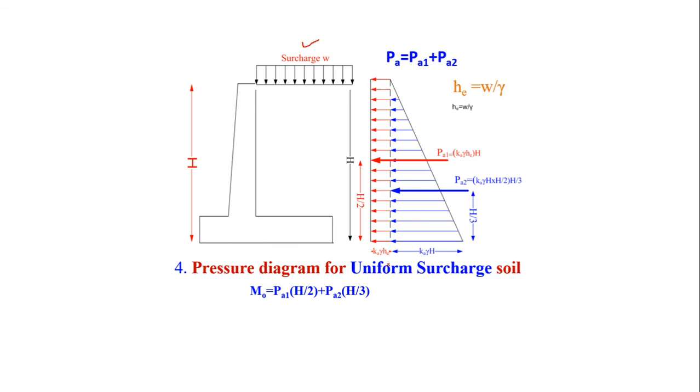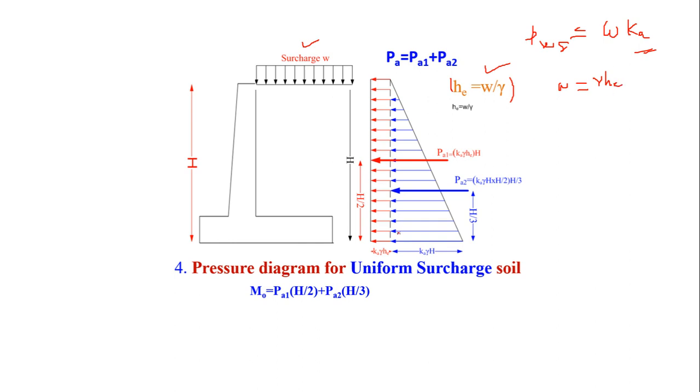And the magnitude is what? K into gamma into He. Okay, what is the value of He? He is equal to W divided by gamma. Or else, directly you can get this magnitude as surcharge pressure P_WS, the magnitude of surcharge into K. So we can directly take this surcharge pressure as W into K. See here, if we take gamma on this side, we get the value of W as gamma into He.